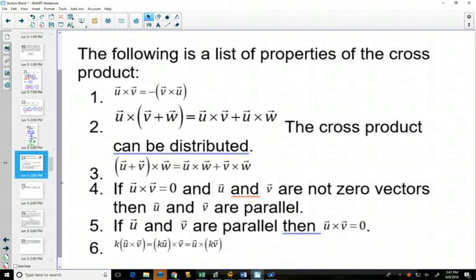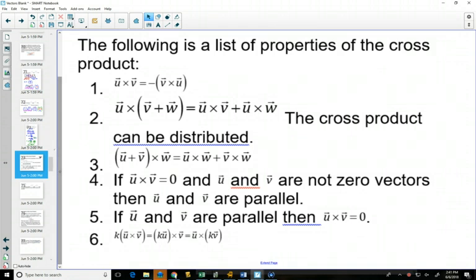Why would you want to do more cross products when you could just add them together? But if you wanted to, you could. And it works in both ways there.